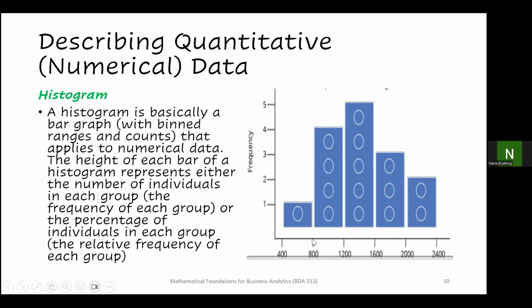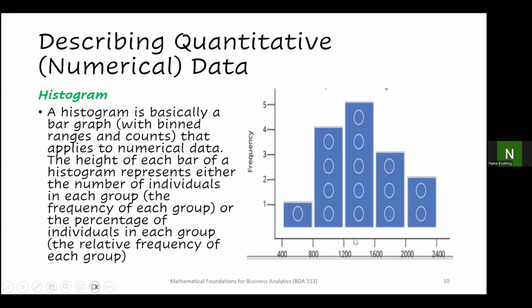Between 400 and 800, the bar should be in between those ticks, because that is the grouping. Between 800 and 1,200, the bar is between 800 and 1,200. The 800 line is not in the middle of the bar. I don't know whether you are getting me.